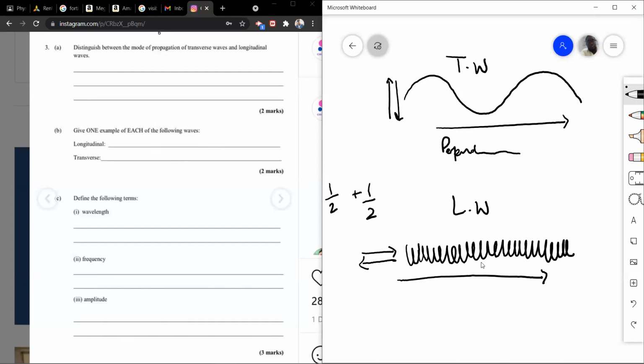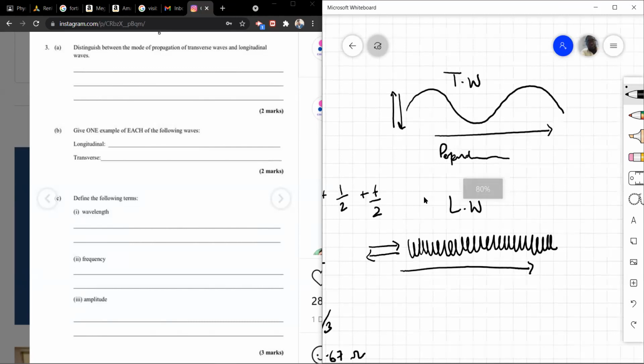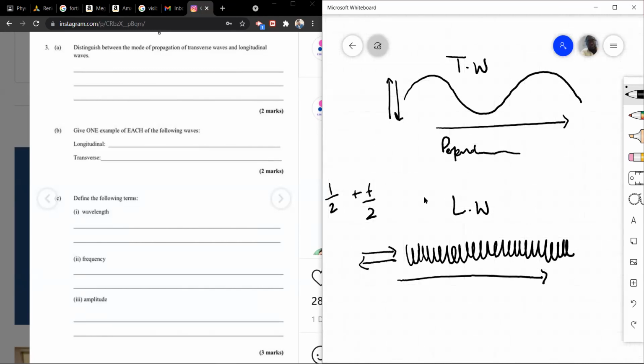Have that now, Crossdale? Yes, sir. All right, talk to me about examples. A sound wave is an example. But which one? Longitudinal. And for transverse, we have light wave, or gamma, like any one of them. Heat waves.